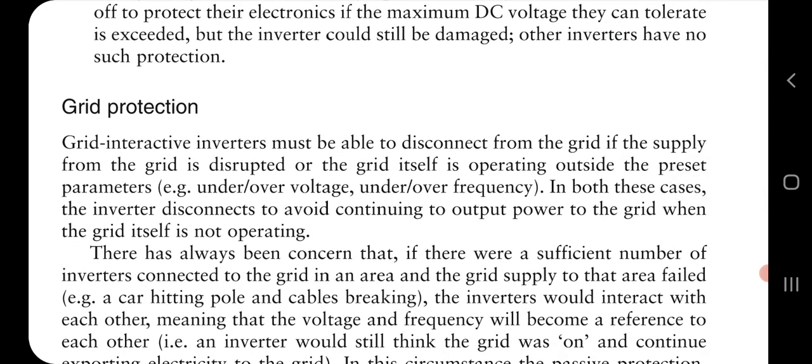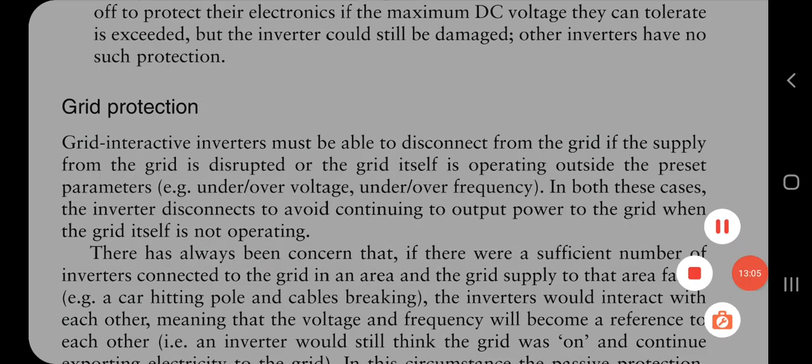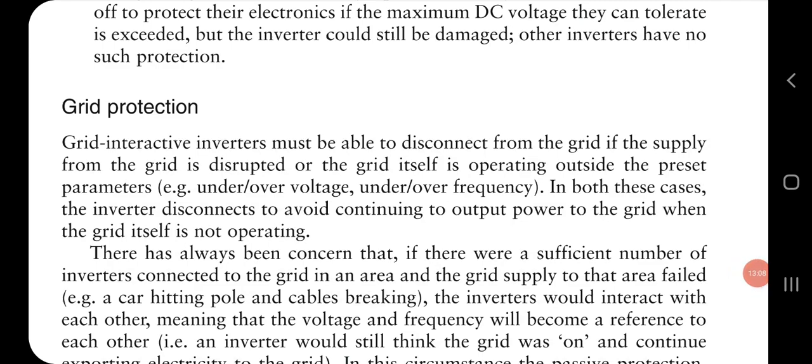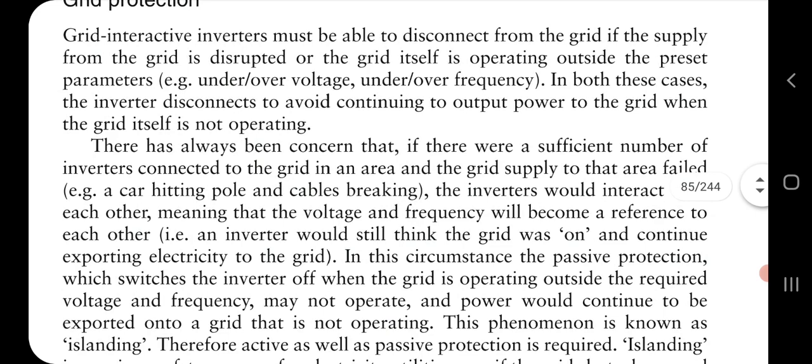Grid protection is also very important. The main thing is it should disconnect when any problem or disruption occurs in the grid. When there is overload or underload, or voltage or frequency changes, the inverter automatically disconnects from the grid.